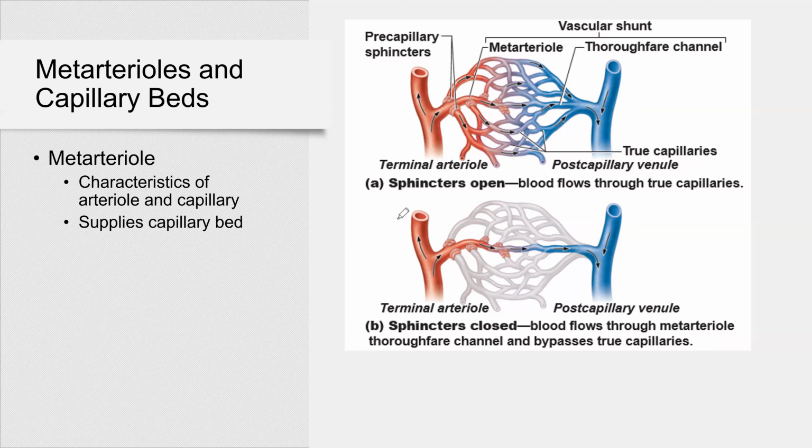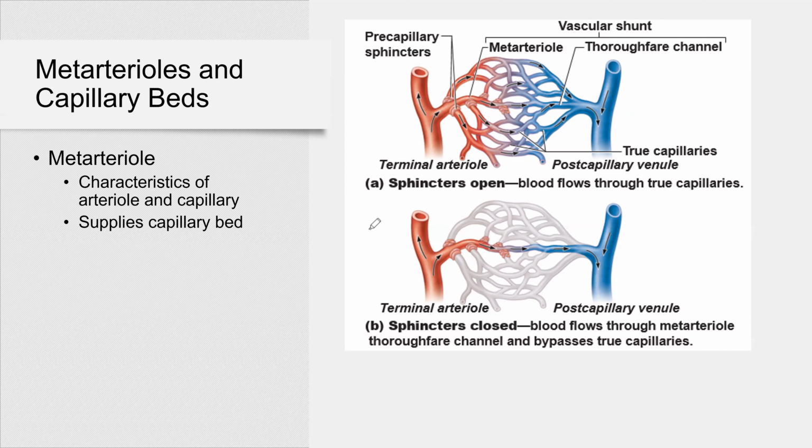And for example, when you are exercising, lifting some weight, or running, or even in a dangerous situation where you really need to run away from, you know, a crazy dog or something, you need blood flow to your skeletal muscles.